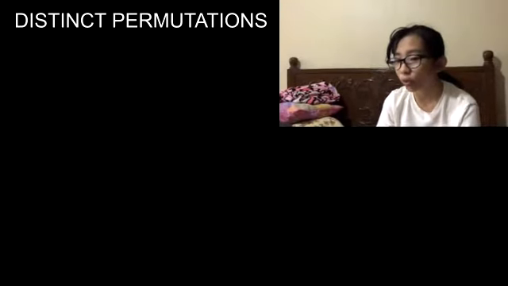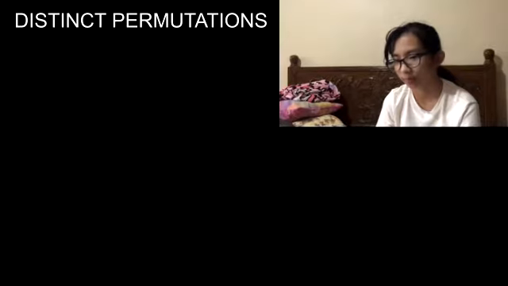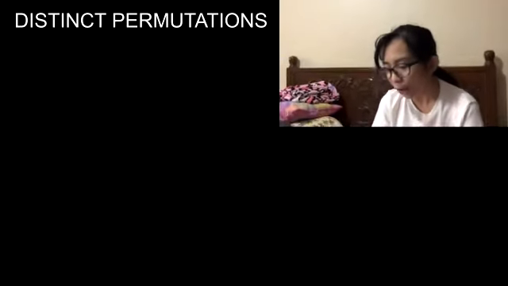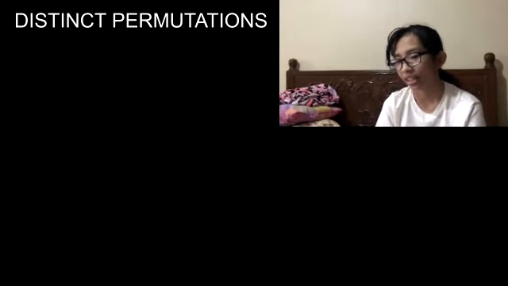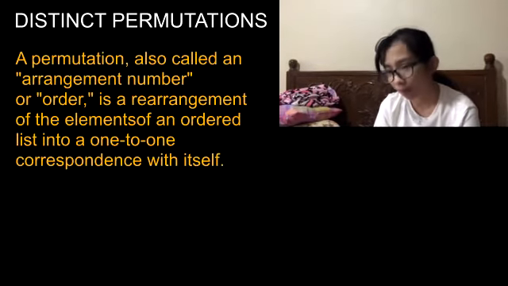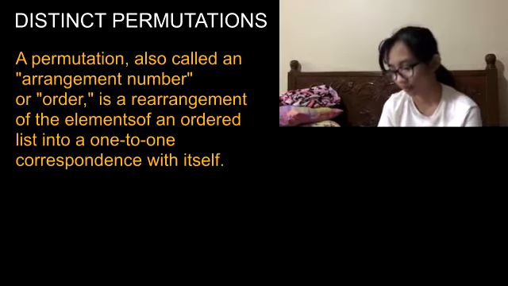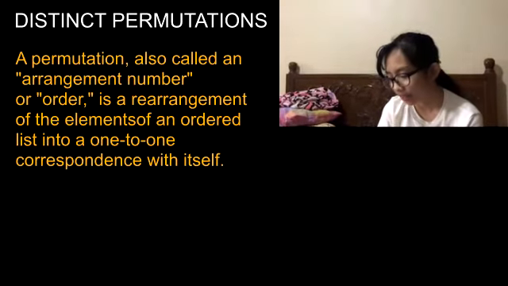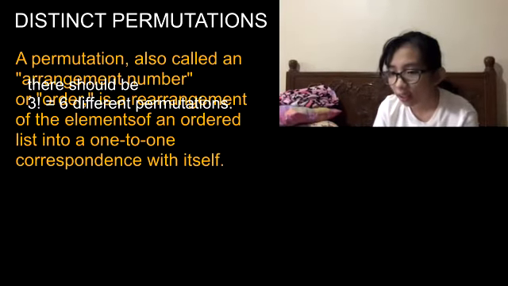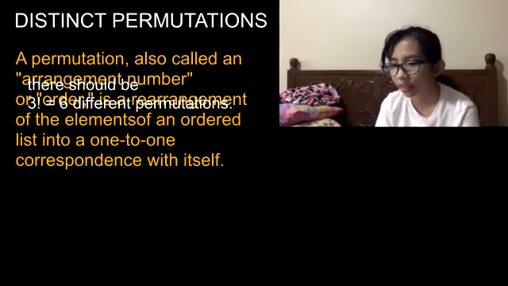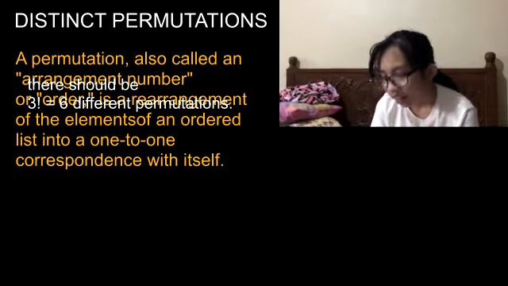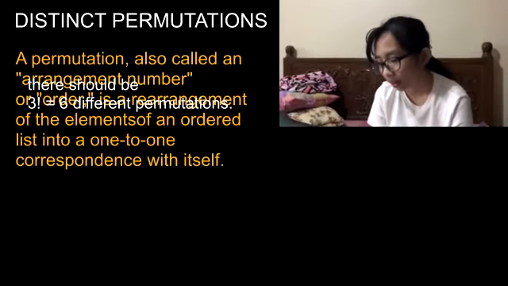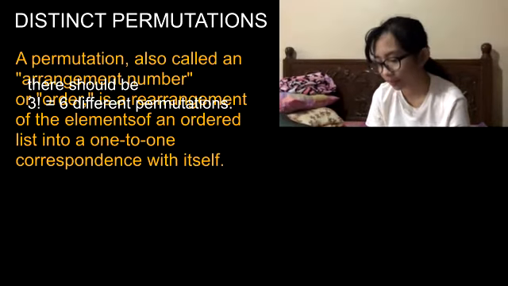Distinct or distinguishable permutations. Okay. Consider all the permutations of the letters in the word Bob. Since merong 3 letters, there should be 3 factorial, and it is equal to 6 different permutations.